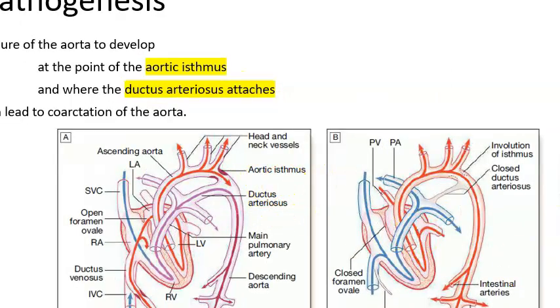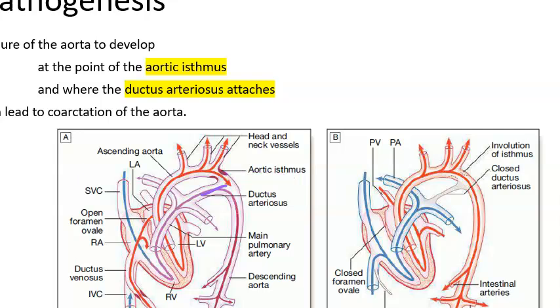So at this aortic isthmus area, where the ductus arteriosus attaches, here, this ductus arteriosus is the part which is attaching the pulmonary artery to the aorta. So somewhere here, you understood, right?